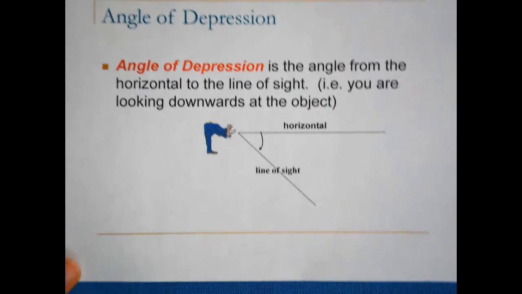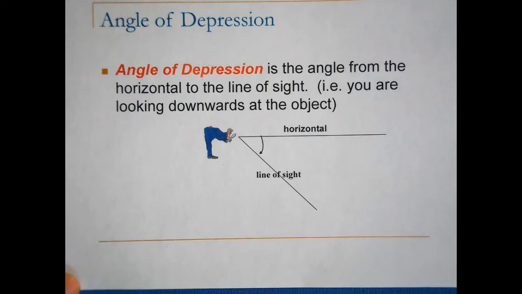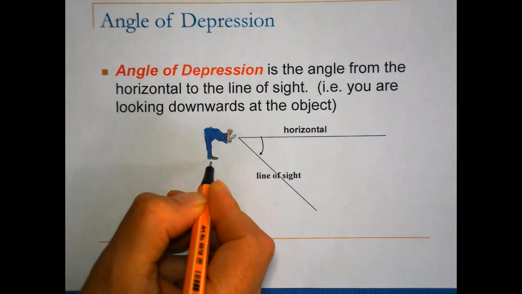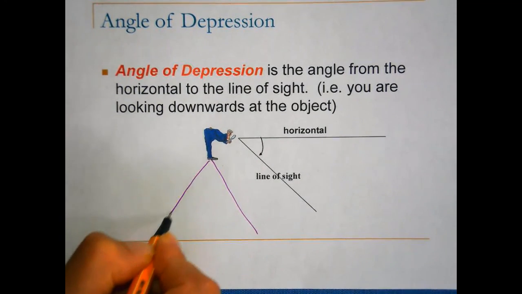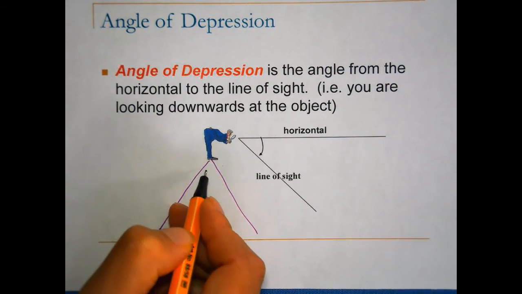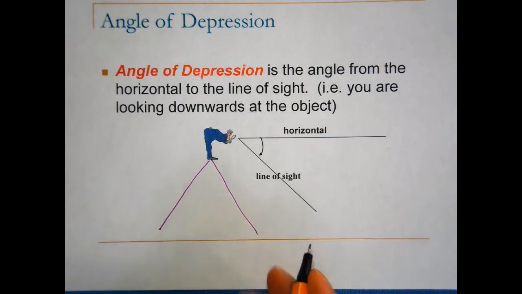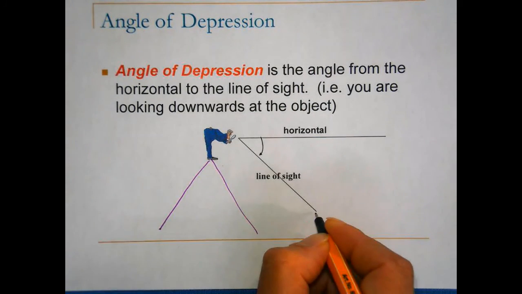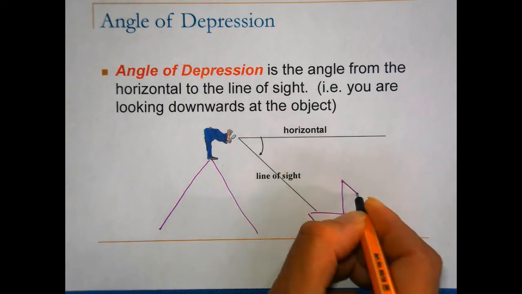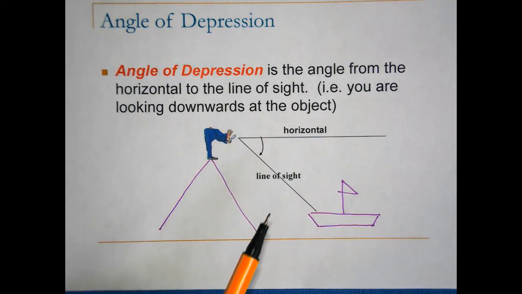Now we can also talk about angle of depression. This is exactly the opposite. Let's say you are standing on top of somewhere, for example on top of a hill or on top of a mountain, or you are on top of a building and you are looking at something below. For example, let's say you are on top of a hill and you are looking at a boat which is going on a lake.